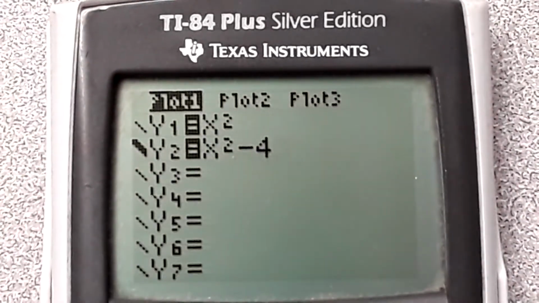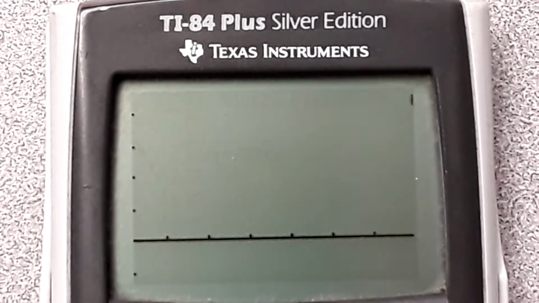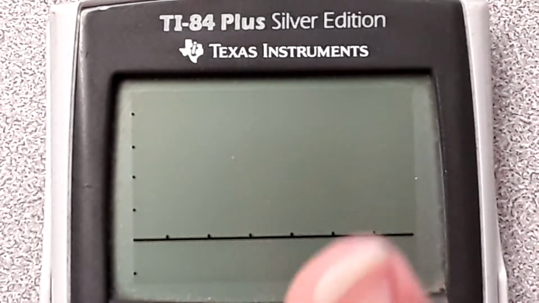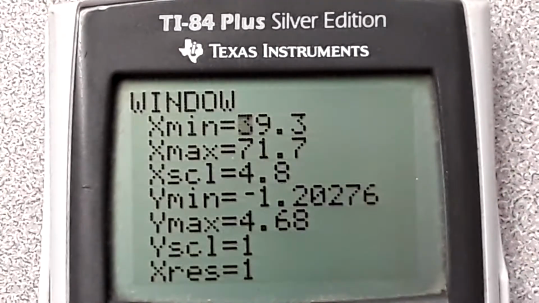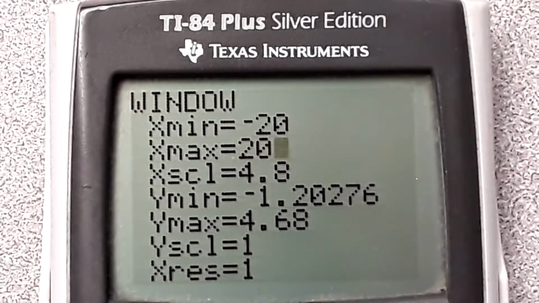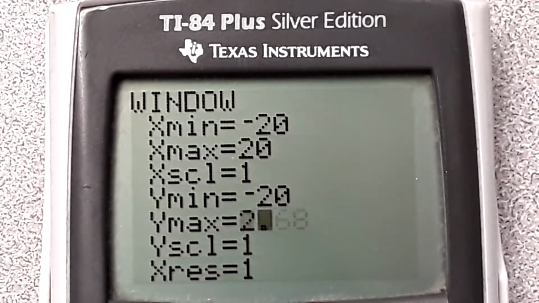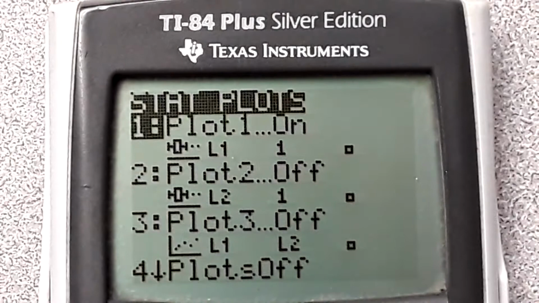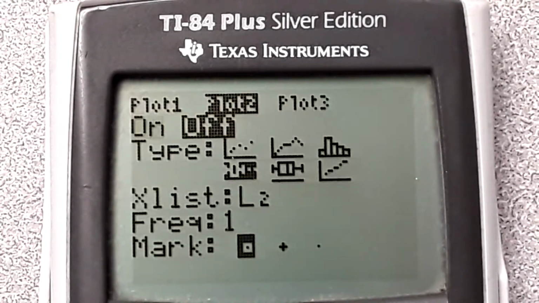The second one's going to be the x squared minus 4. So I'm going to hit graph. And it really helps if Miss Fleury has her stuff set up right. So I apologize. There we go. And it also helps if Miss Fleury just shuts everything off.